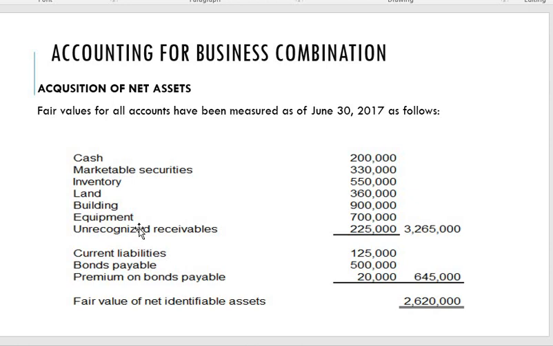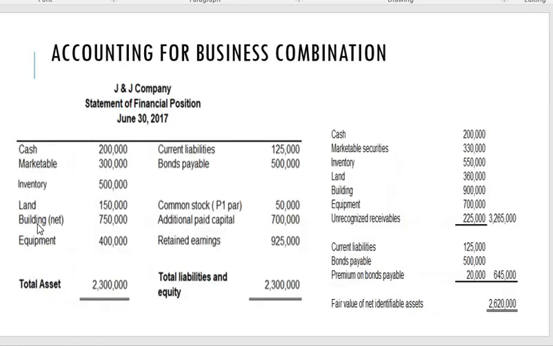Therefore, the fair value of net identifiable assets, meaning the difference between the fair value of the assets and the fair value of the liabilities, amounts to 2,620,000.